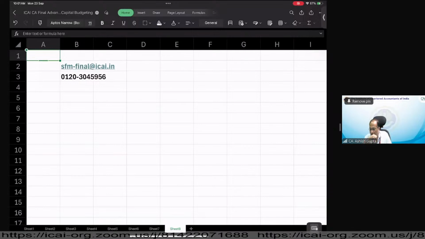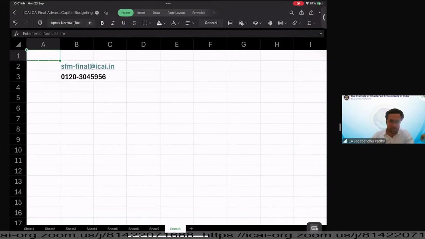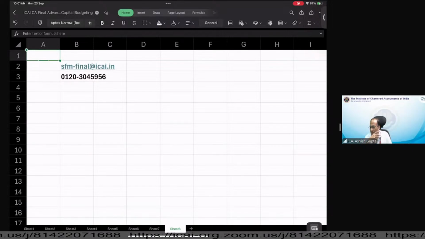Rachi, the decision is going to be the same, even if you discount the real cash flows with the real rate or the nominal cash flows with the nominal rate. The final decision whether to accept the project or not is going to be the same. NPV positive in both cases, negative or positive, whatever it will be, it will be the same.